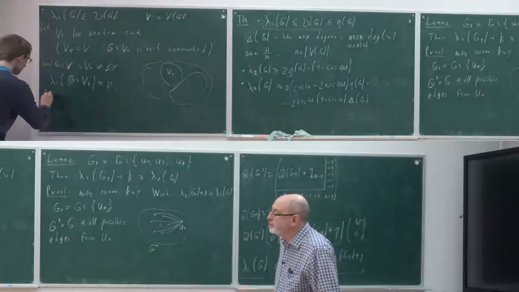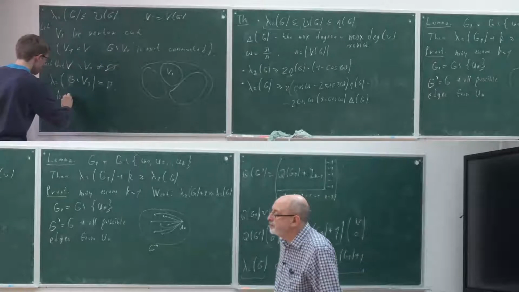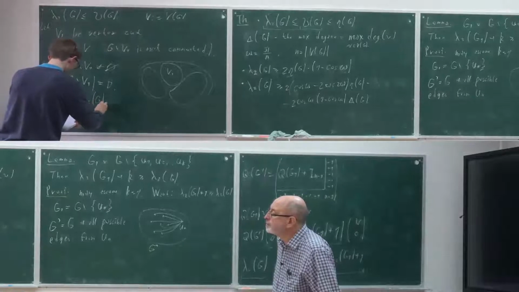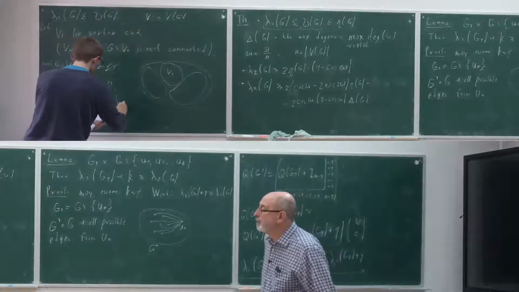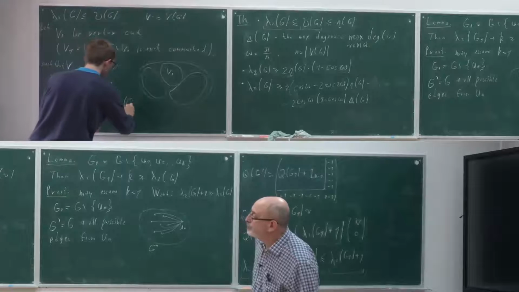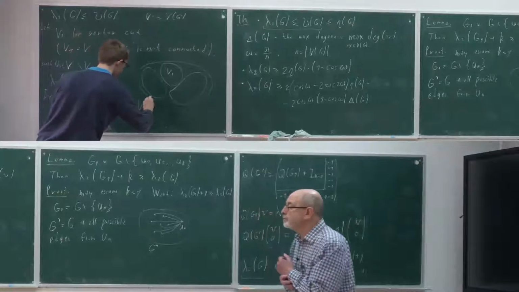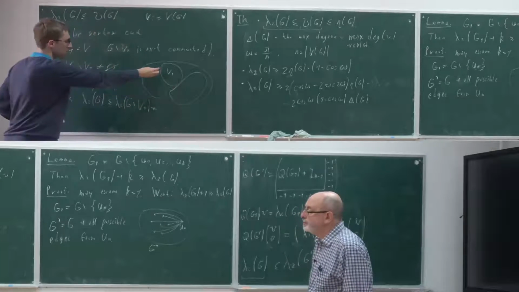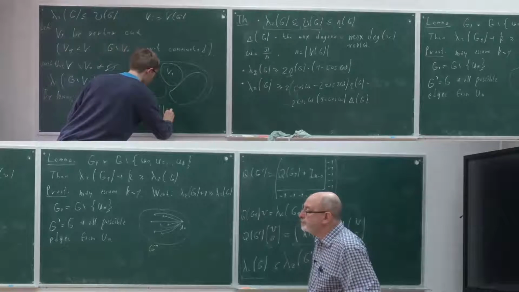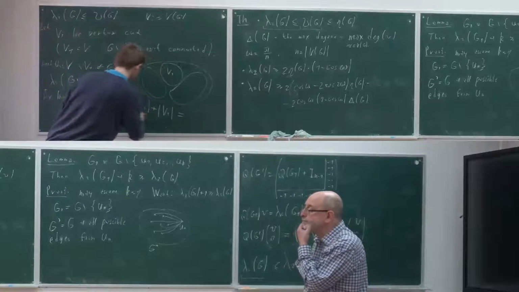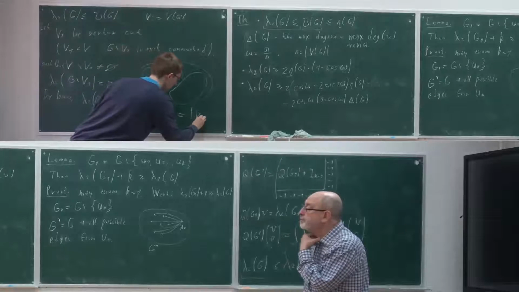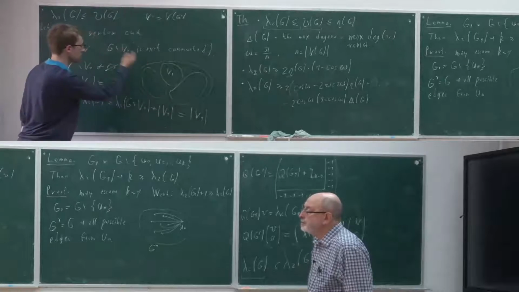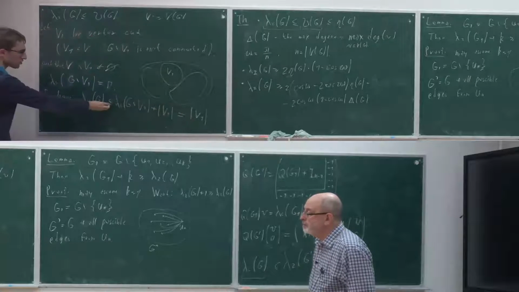Then I'm going to use this lemma, and I can write that lambda 2 of G is less or equal than lambda 2 of G minus V1, which is 0, plus the number of vertices that we have removed. Since this is 0, it is just this. Then we know that for any vertex cut, its size is greater or equal than this.